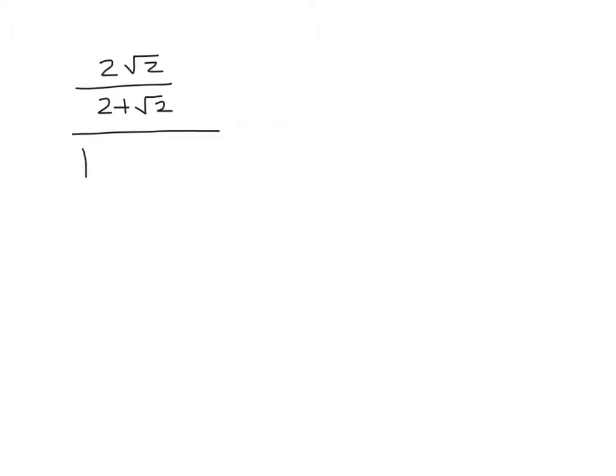But remember, I still have a 1 minus in front of that. So I have a 1 minus 1 over 3 plus 2 root 2. Once again, I need common denominators. So I'm going to need to multiply this first value, 1, by 3 plus 2 root 2 on top and on bottom.